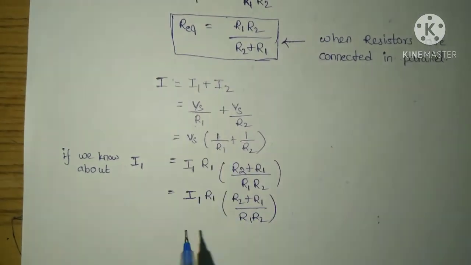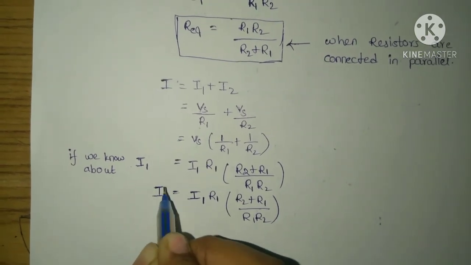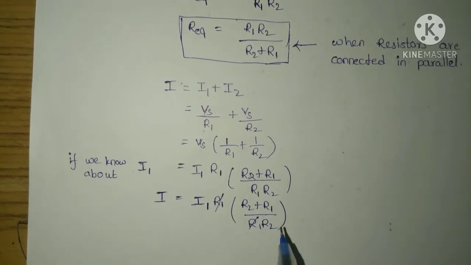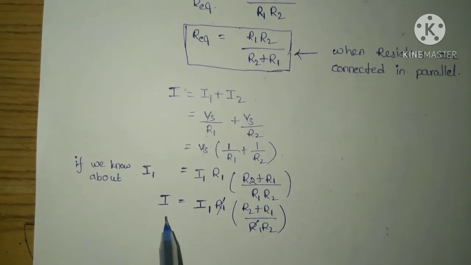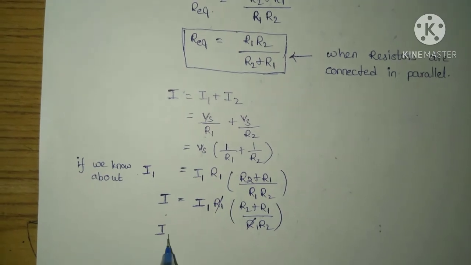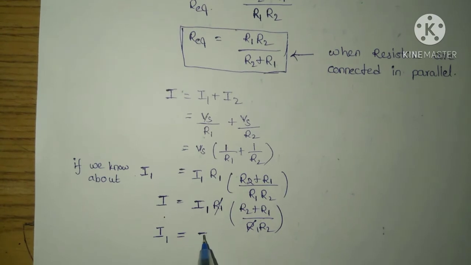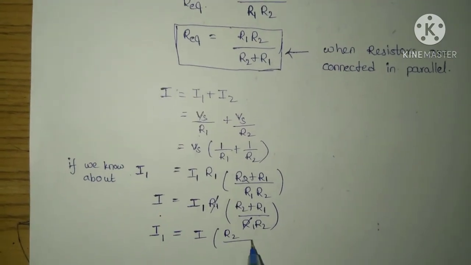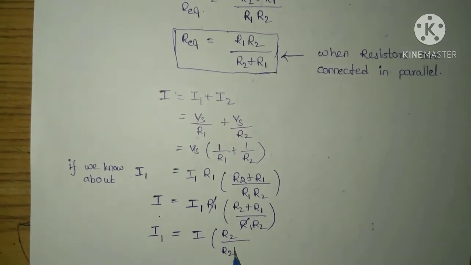This is equal to the source current. R1 gets cancelled, and taking it to the left-hand side, we get the branch current I1, that is I into R2 by R2 plus R1.